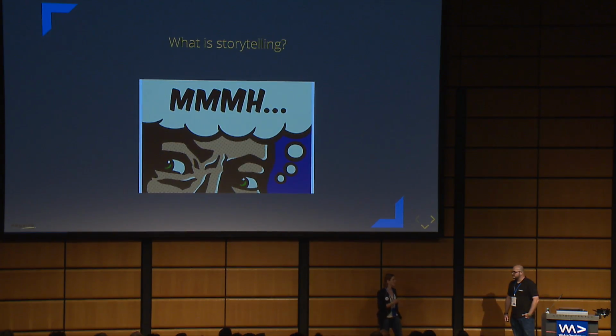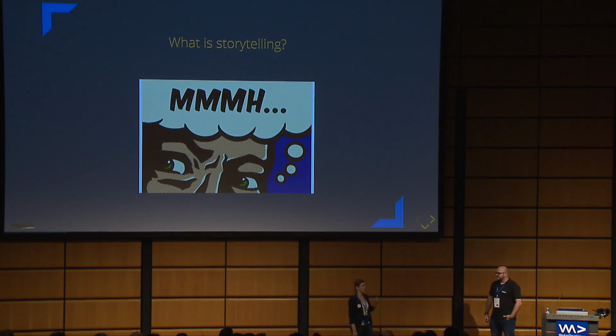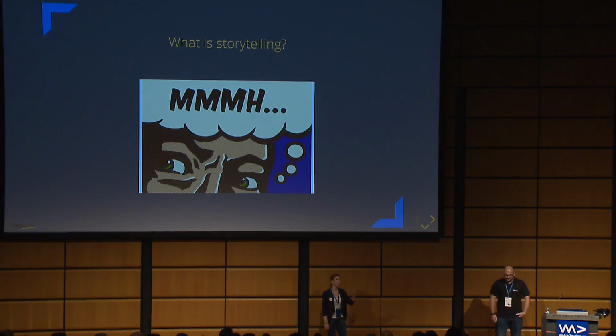When we talked a little bit more about the topic, we thought, okay, storytelling is a very general term. So when we speak about storytelling in software engineering, we need to define how we use storytelling.